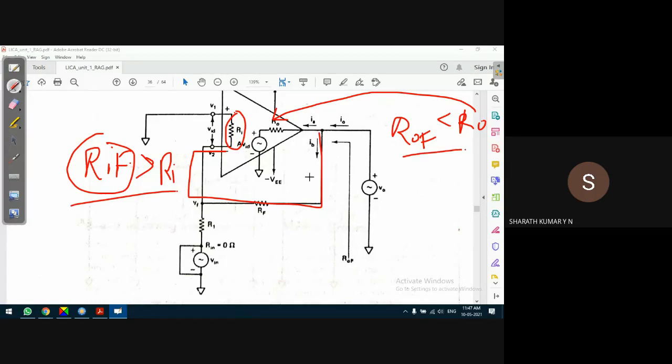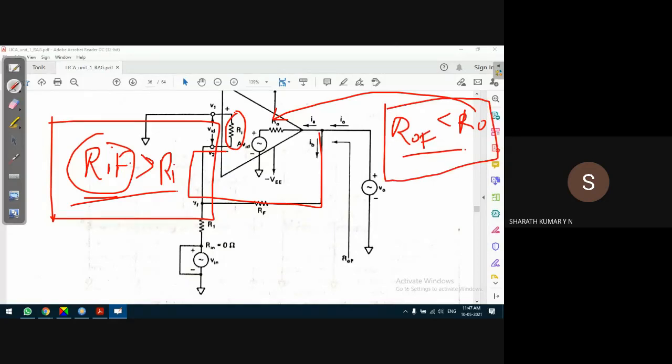With additional components, we can achieve this, but that's not part of our discussion in the course, so I'm not going into detail. But this is our ultimate goal of providing negative feedback with respect to input impedance as well as output impedance.